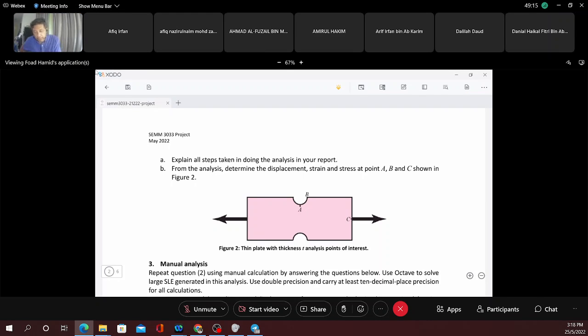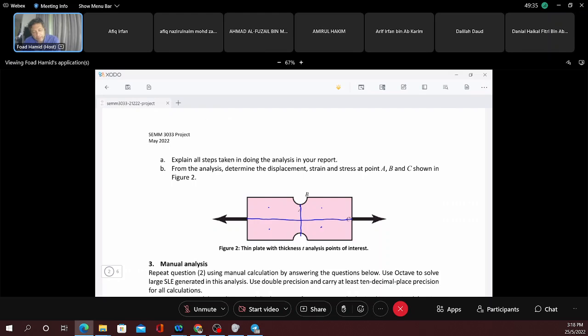Maybe you cut it in half. You might want to use one of the quarter models. You can use this one, this one, this one, or this one. But the boundary condition must be appropriate to this model.